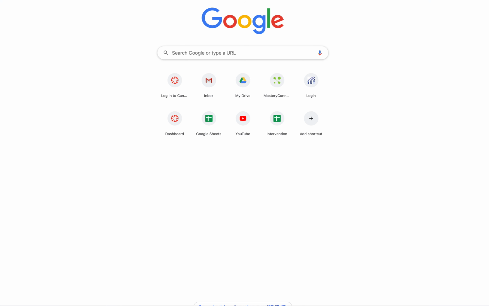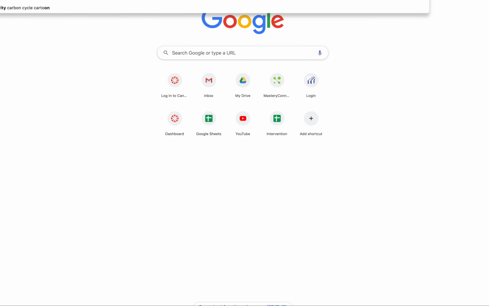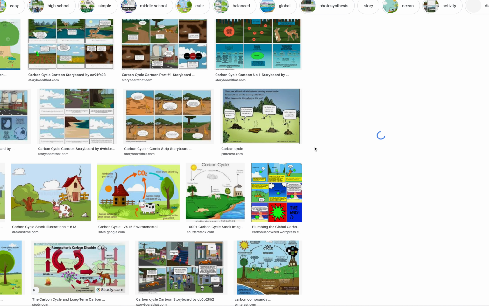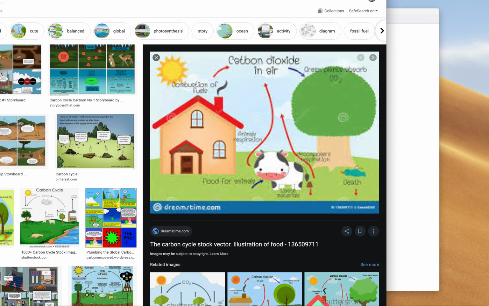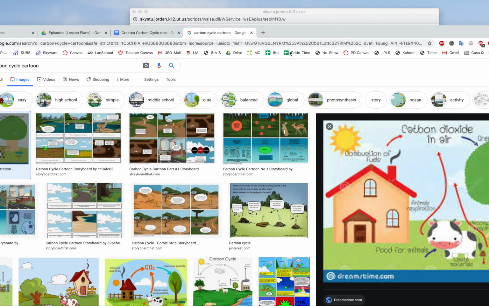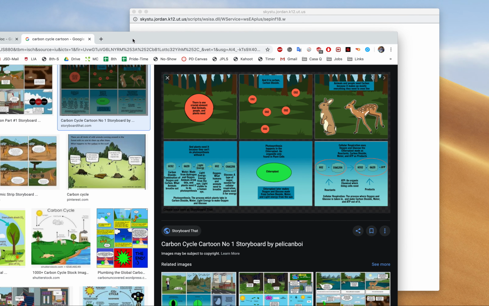For example, if you were to draw something like this drawing right here, that would not be accurate. That is first grade level. If you were to draw something like this, that would be a lot more accurate actually.